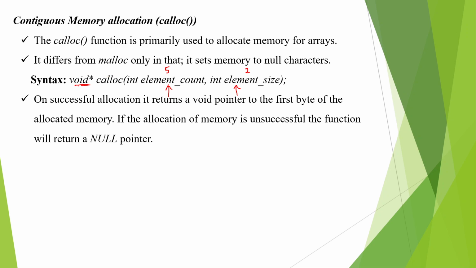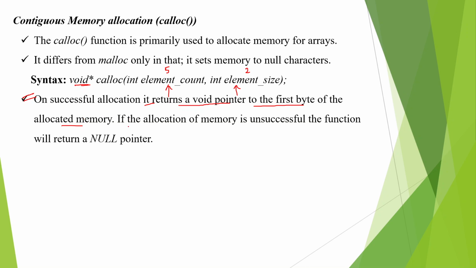Okay, hope you understood. So on successful allocation, once it has allocated the memory successfully, it will return a void pointer to the first byte of the allocated memory. Here you can see that. Whatever memory it is allocating, it will return the address, a void pointer to the first byte of the memory.